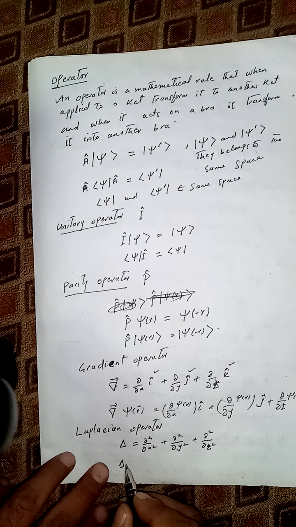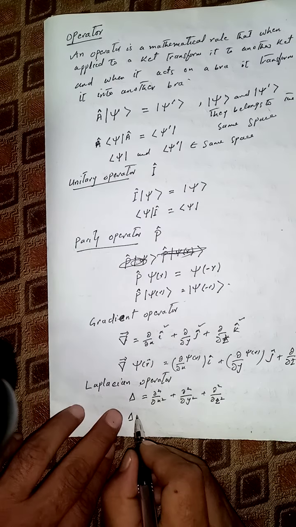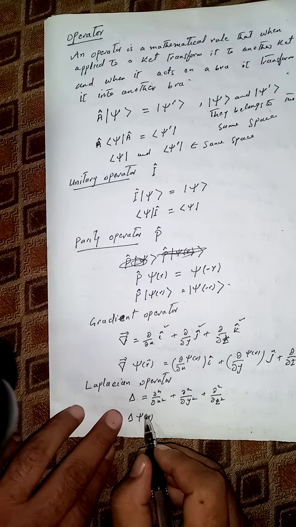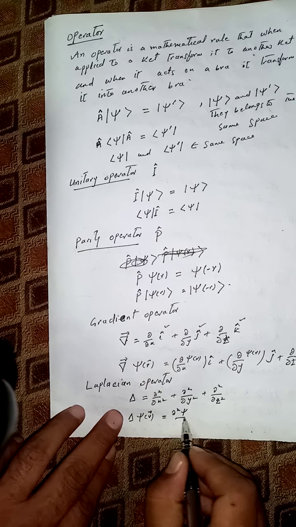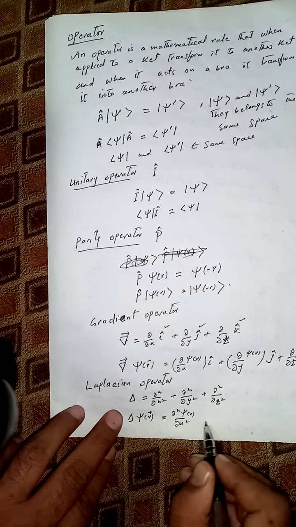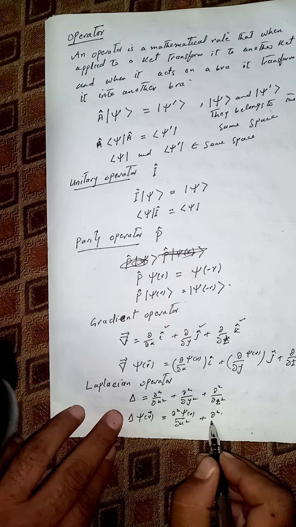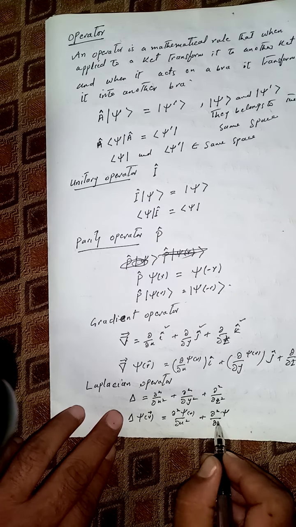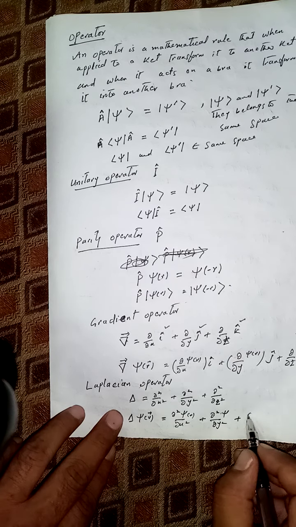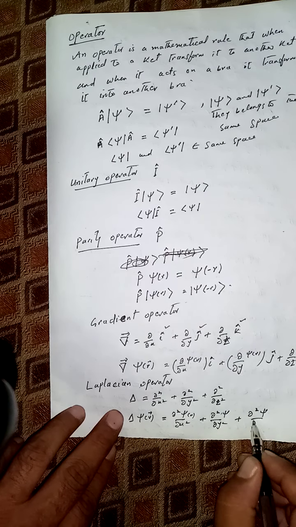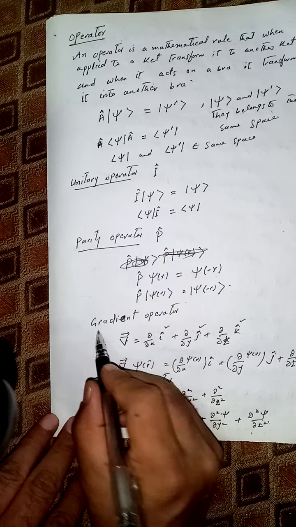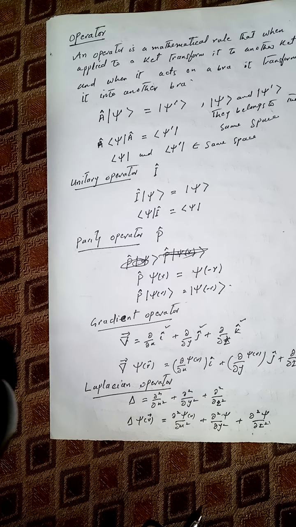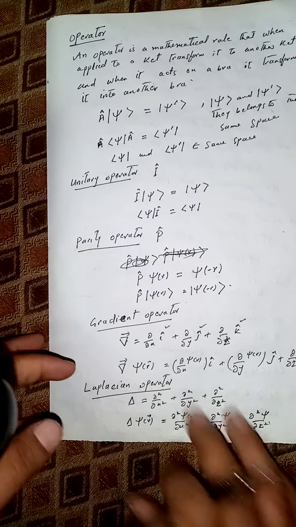If we operate it on a state vector psi of r, we get del square psi over del x square plus del square psi over del y square plus del square psi over del z square. These are a few kinds of operators which we are dealing with again and again in this course.